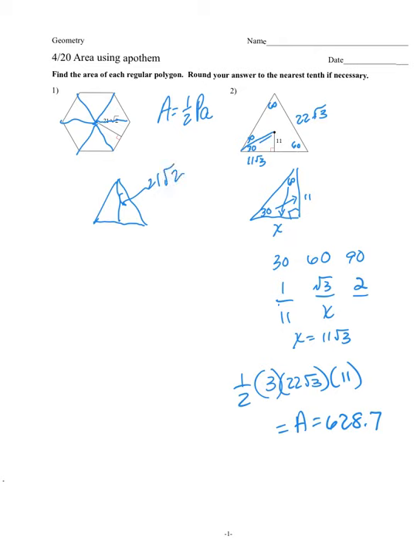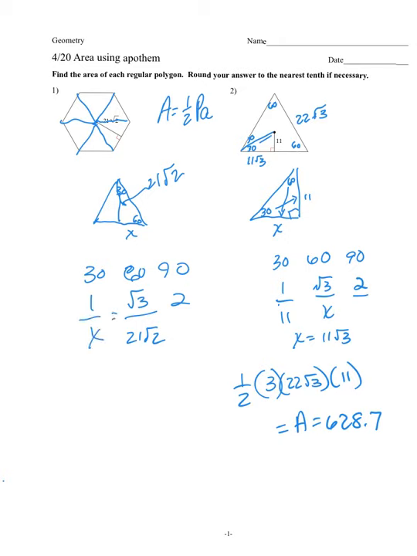And now we've got to find this side right here. So again, this angle here is a 60. The one that comes out of the center is a 30. So we do a 30, 60, 90, 1, √3, 2. And the apothem is opposite the 60, 21√2. And the x is opposite the 30.